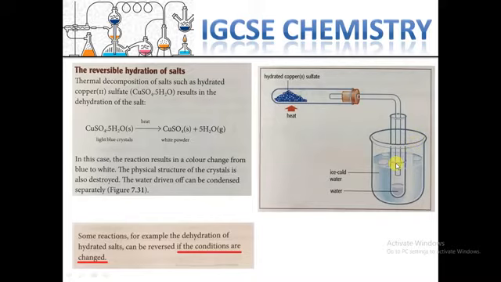If you change the condition, I mean, if you add water or water vapor, then it can be changed again to the light blue color of the chemical in the previous condition.